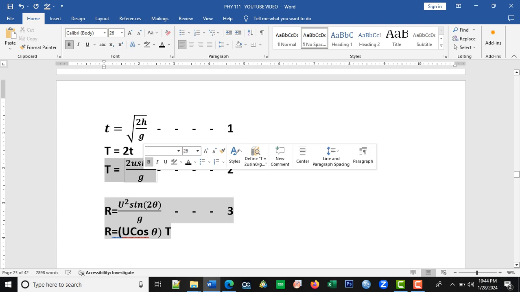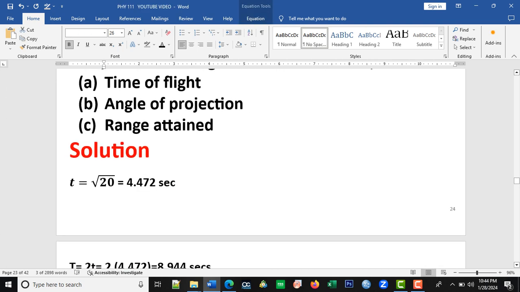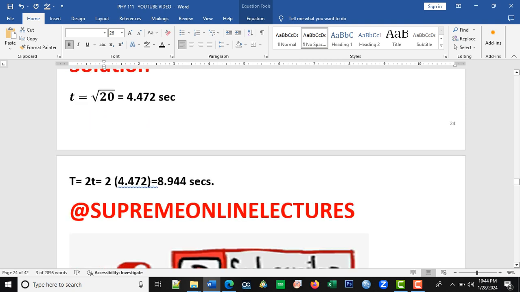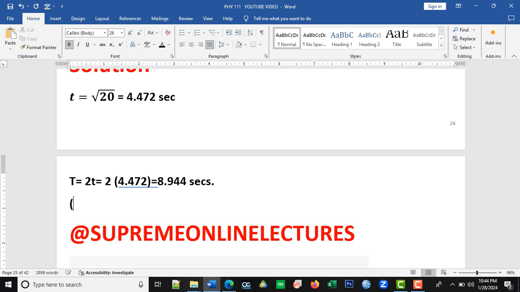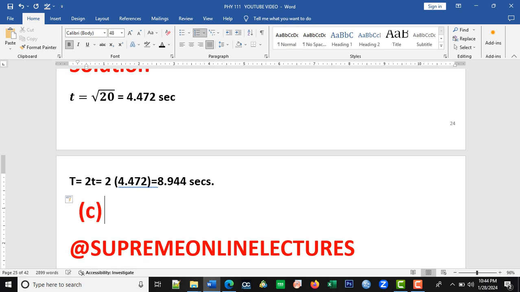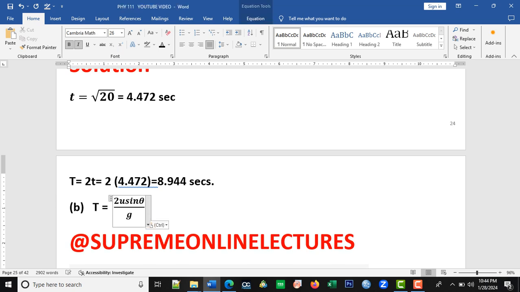I'll just lift this down. Angle of projection, B. Okay, so this expression is the expression for the time of flight, but it will help us to solve for theta by making theta the subject.